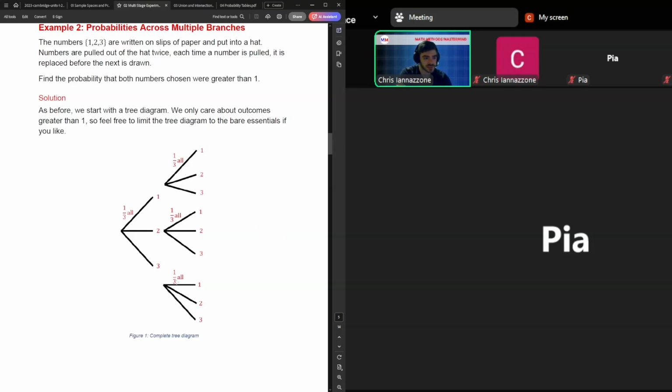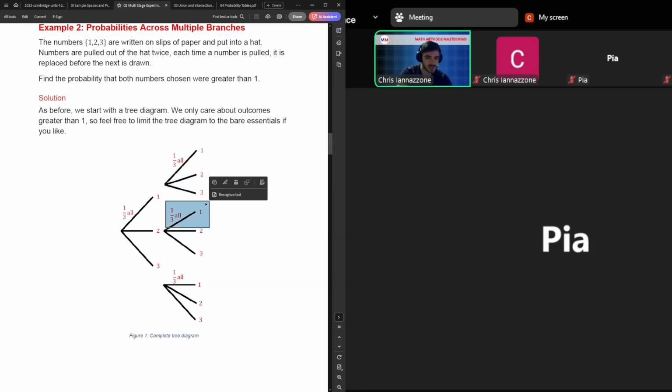Another thing you could do is instead of drawing the full tree diagram, look at the actual probability you're trying to find. In this case, what's the probability that both numbers chosen are greater than 1? Already off the bat, numbers greater than 1 just means this whole section of the branch doesn't matter because that's already a number greater than 1.